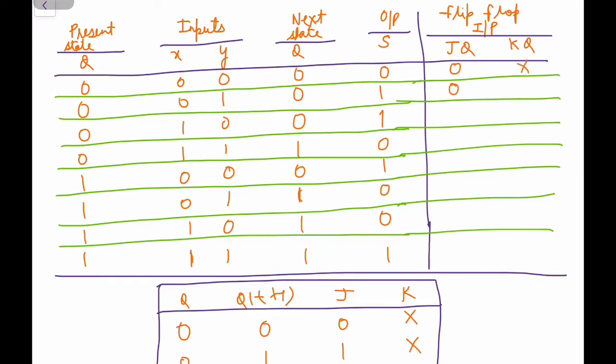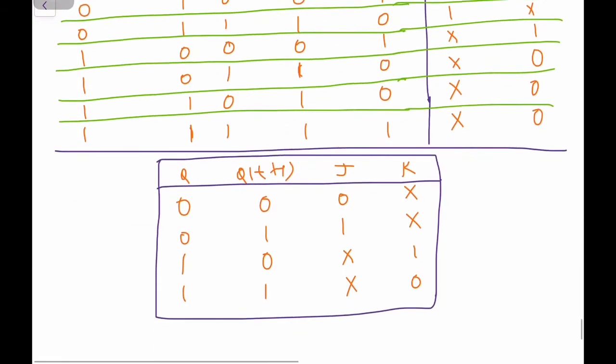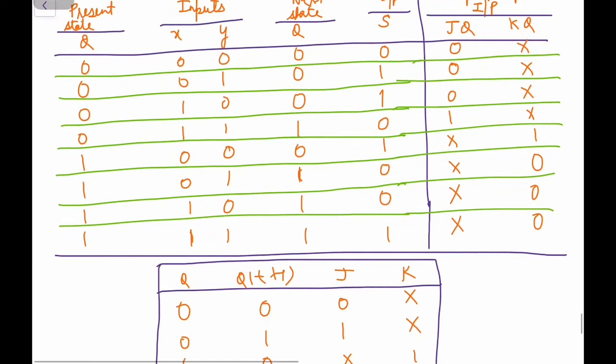Similarly, for 0 and the next stage 1, it is 1 and don't care. Similarly, this one is don't care 1, don't care, don't care, don't care and 0, don't care 0. So we can design our serial adder from this state table, the excitation table.